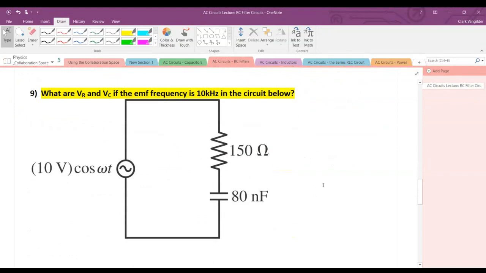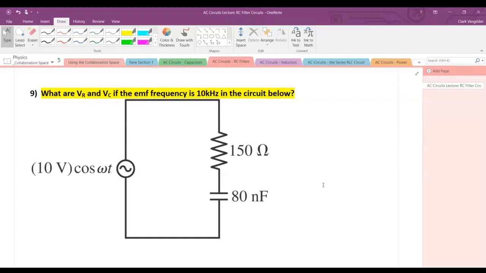All right, now a circuit. Let's deal with one here. All right, so what are VR, voltage to the resistor, and voltage to the capacitor, if EMF frequency, the oscillating voltage, is 10 kilohertz in the circuit below?